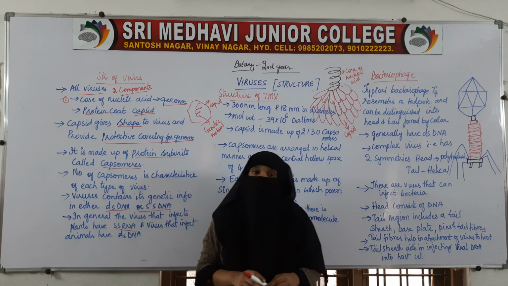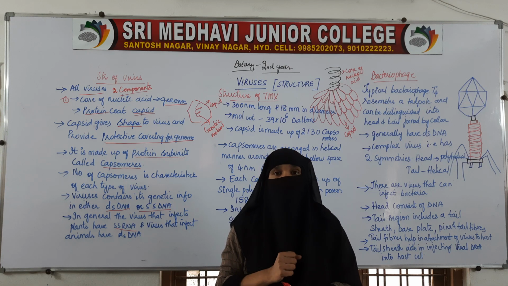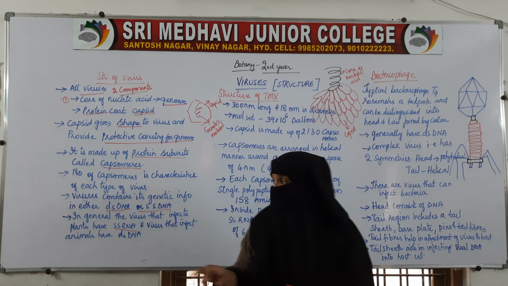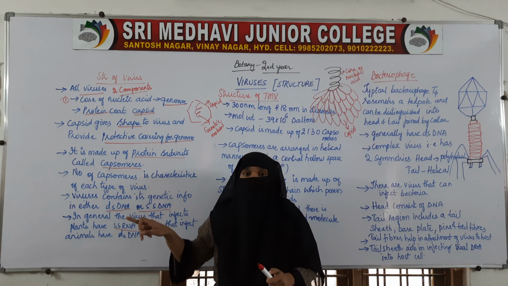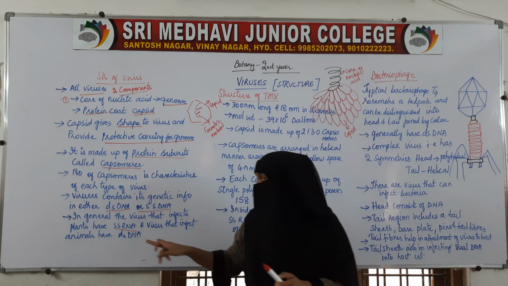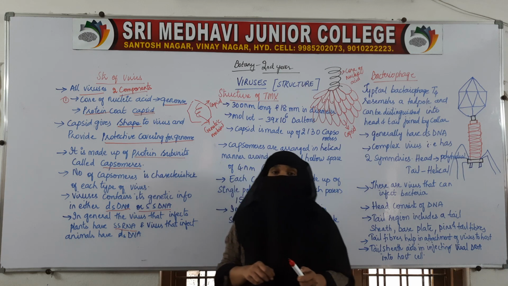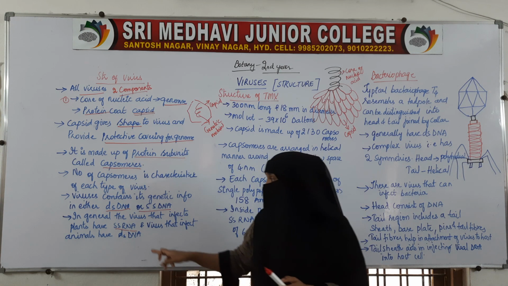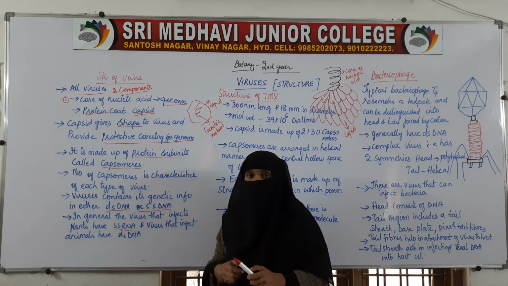The virus which lives inside the cells of plants has single-stranded RNA as the genetic material. I repeat, the viruses which infect plants have single-stranded RNA, and the viruses which infect animals have double-stranded DNA as the genetic material.